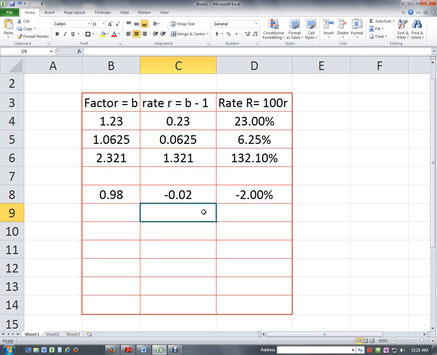Very important. It is perfectly okay to describe a rate either in decimal or in percent form as negative, unless you've already stated that this is a decay rate. What do I mean? Same question, but I ask you to tell me that it's a decay function. 0.98 is your factor.